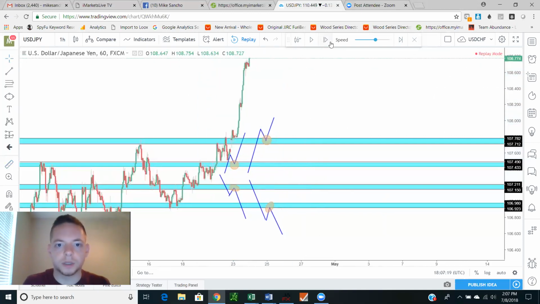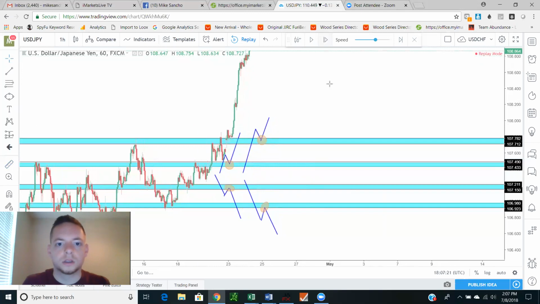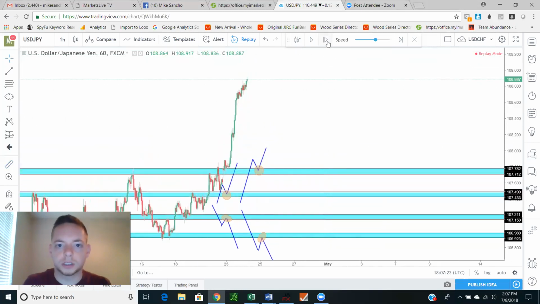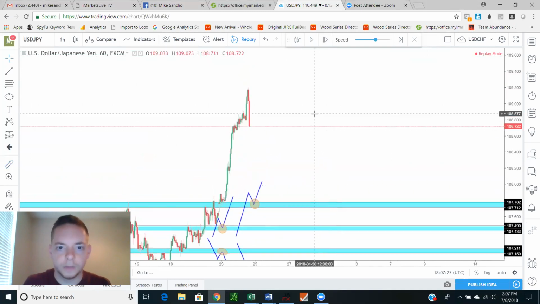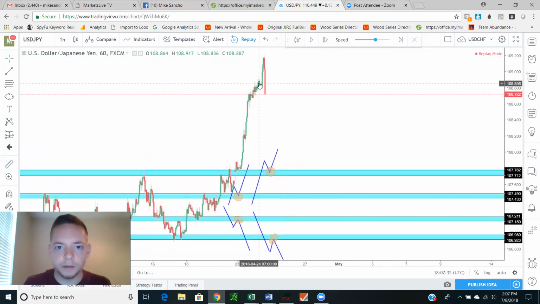Let's see what happens. Price is just going up. This is an awesome trade. Okay, now we had an impulse down. This would have probably hit my stop, because I would have been moving my stop loss up along the way. Each time it made a new higher low, I would have moved my stop loss up.